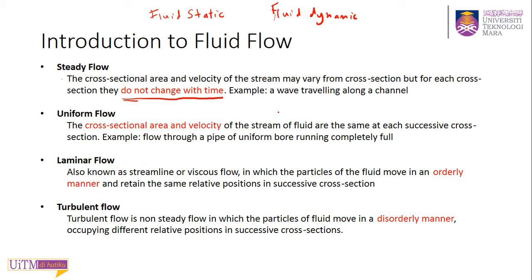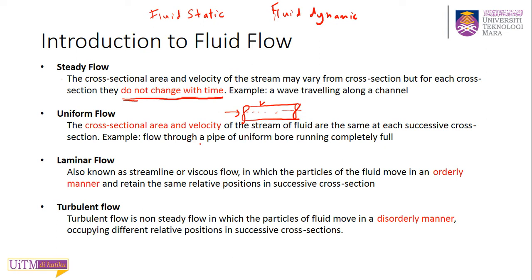That means if you have a pipe with a similar cross-sectional area, and the velocity of the fluid flowing inside this pipe, V, and the area of this pipe are the same, then we can call this a uniform flow.